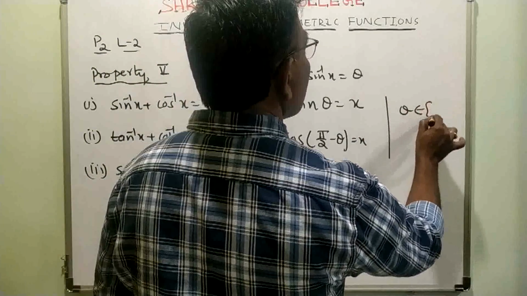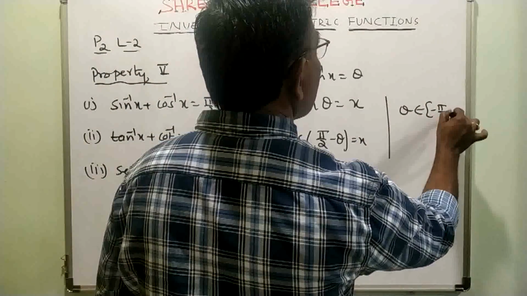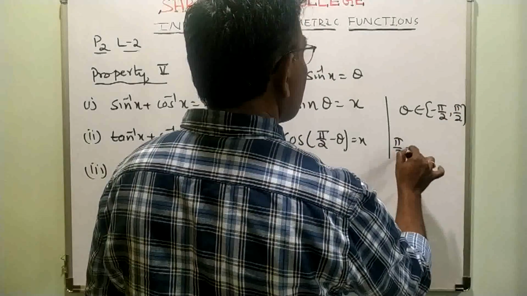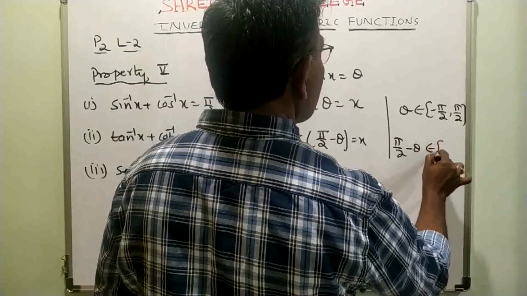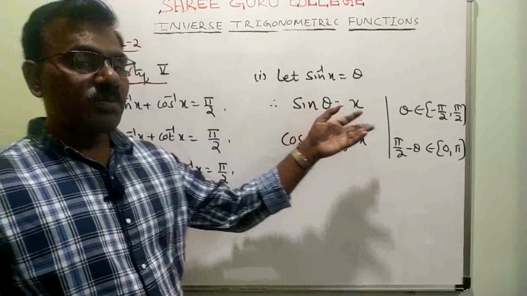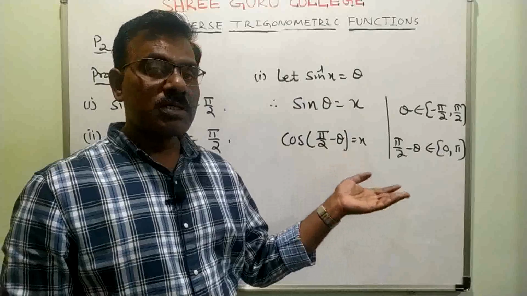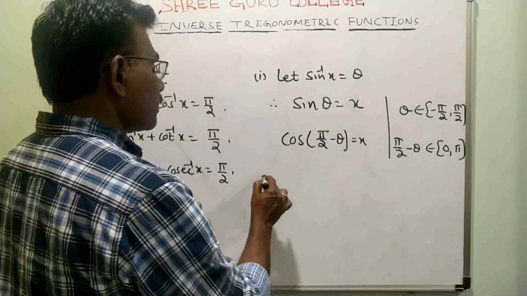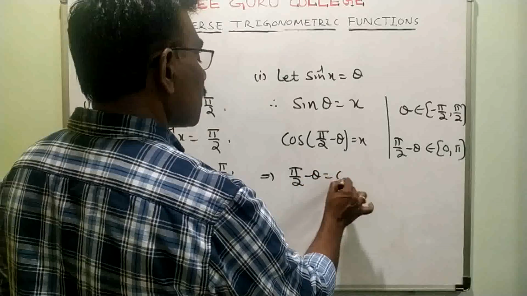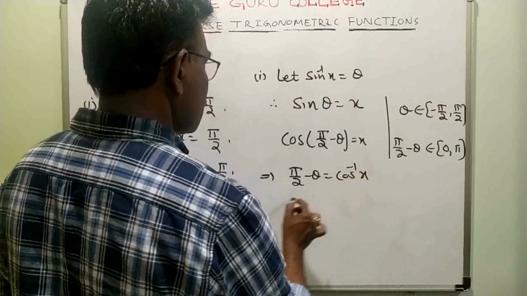Theta belongs to minus 90 to plus 90, and when theta is between minus 90 and plus 90, pi by 2 minus theta lies between 0 and pi. So it implies pi by 2 minus theta is cos inverse of x.